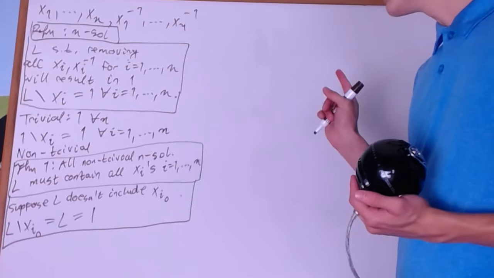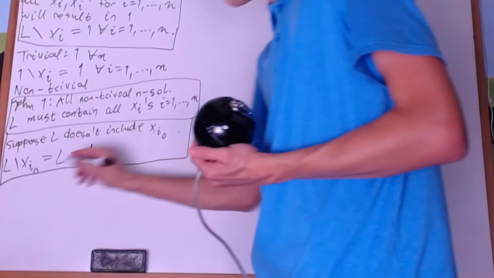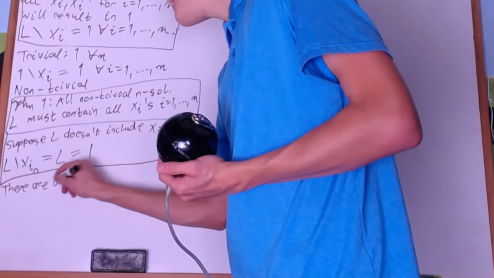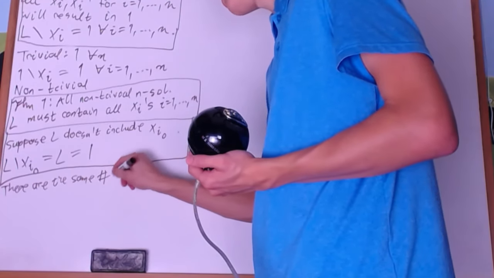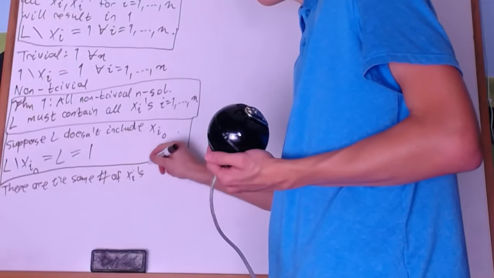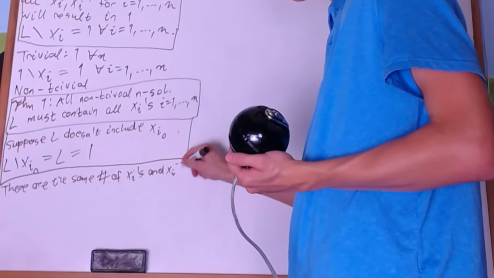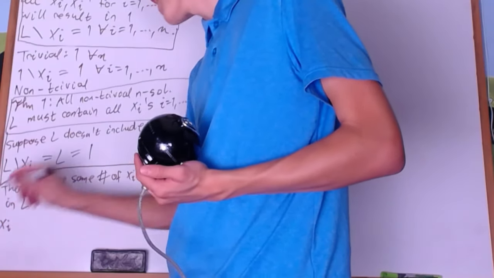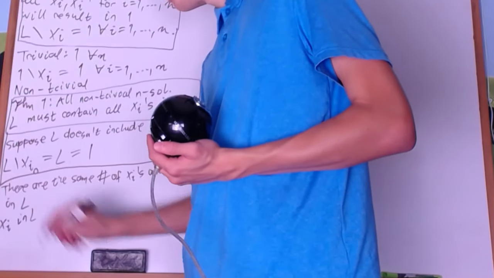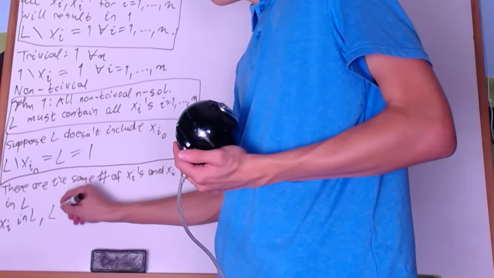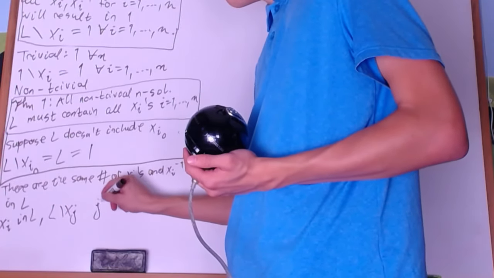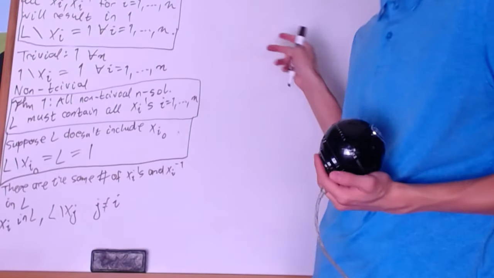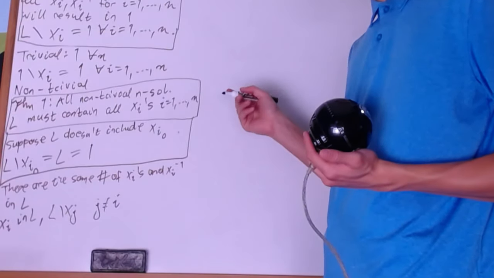And in addition to this, we can make that a little stronger, where there are the same number of xi's and xi inverses in L. Why is that the case? Well, suppose we just had xi in L. Then, if I did L removing xj for j not equal to i, so we're removing some other element, what will I get out the other end?